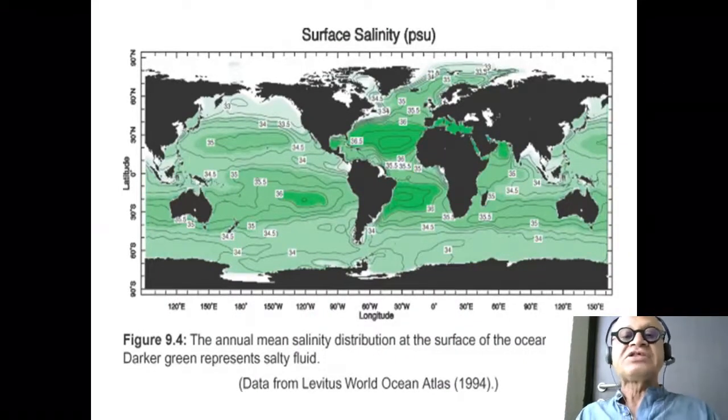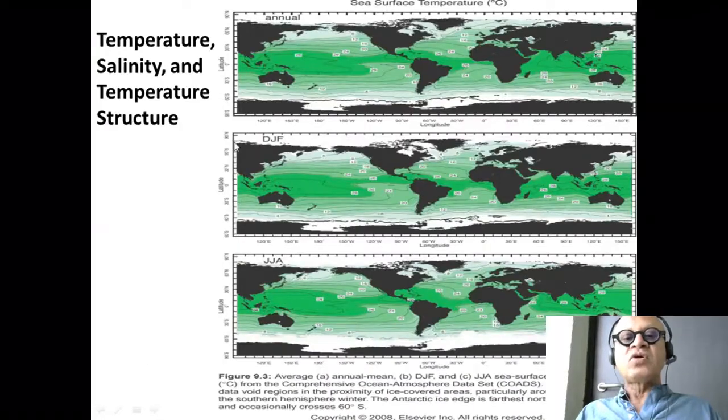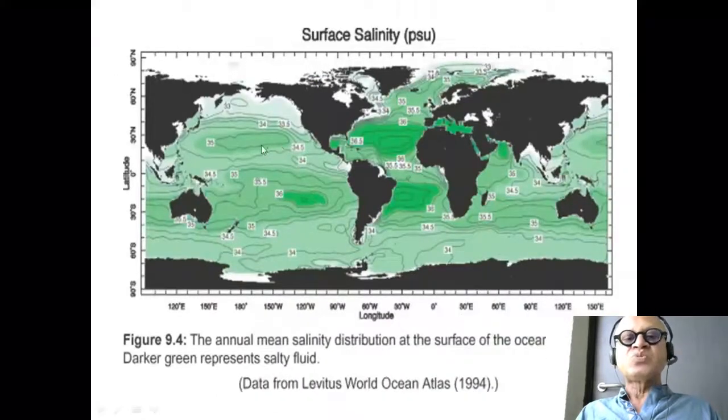How does the salinity distribution look? I will show later on that this is closely related to the evaporation and precipitation in the atmosphere. Remember, this is where the subtropical gyres are, and you don't see it so clearly in the temperature, but you see it much more clearly in the salinity at the surface.